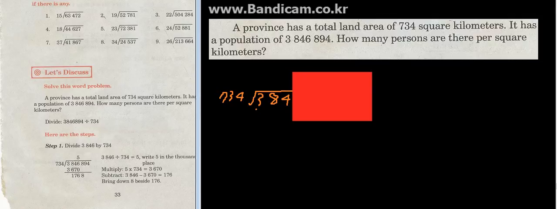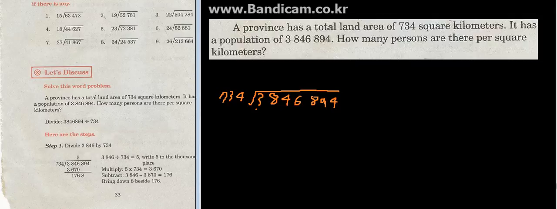Much smaller. Now, let's go a bit back. Is 3,846 bigger than 734? Yes, in this case it is bigger than 734. So I'll change the brush color to blue.